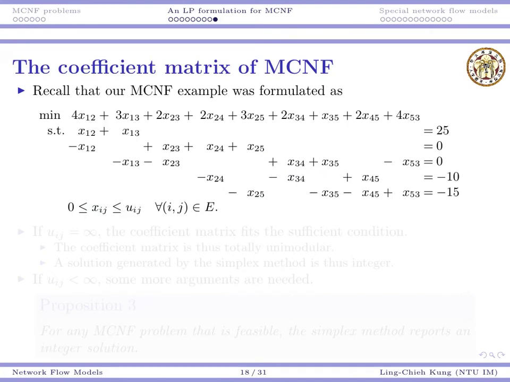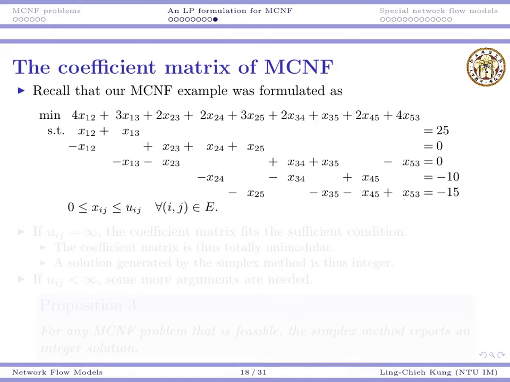So now is the time to show that for our MCNF problems, the coefficient matrix is really totally unimodular. Our problem is here, okay? For the coefficient matrix of the standard form, because there are some inequality constraints, if we really want the standard form, we need to add some slack variables to convert these inequalities into equalities, and the coefficient matrix will become larger, and it's not shown here.